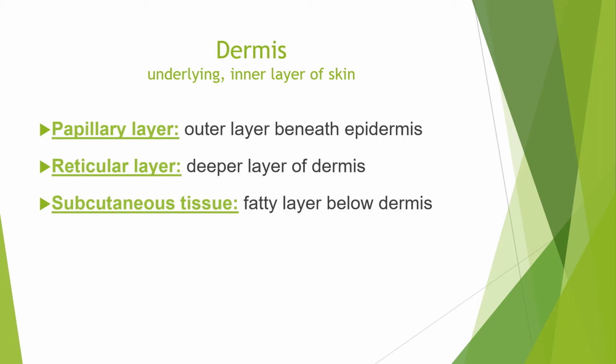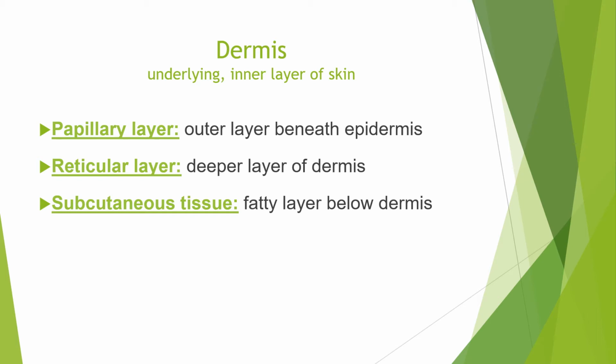Some papillae contain looped capillaries and others contain small epidermal structures called tactile corpuscles, with nerve endings that are sensitive to touch and pressure. This layer also contains melanocytes, the pigment-producing cells. The top of the papillary layer, where it joins the epidermis, is called the epidermal-dermal junction.